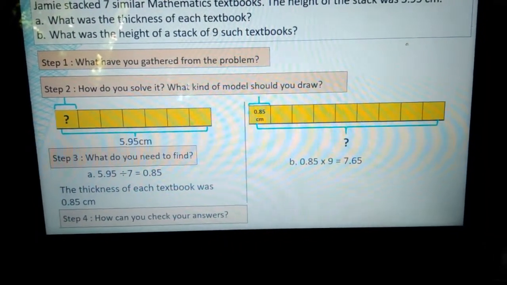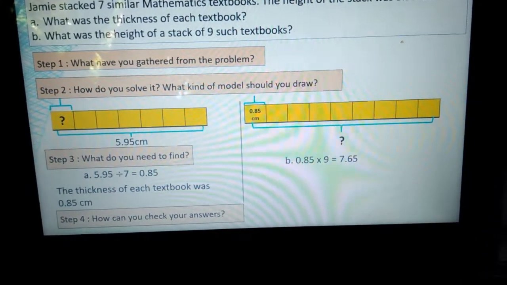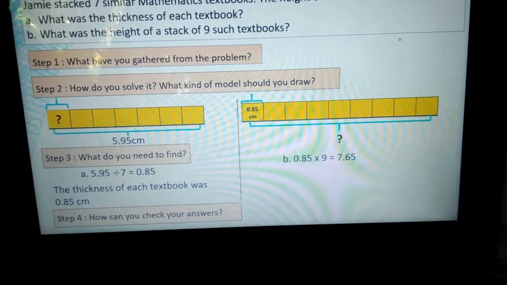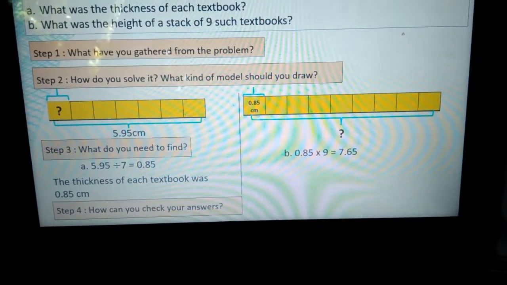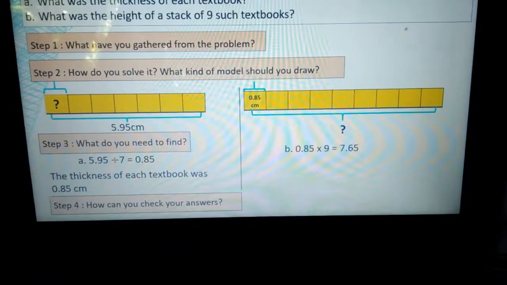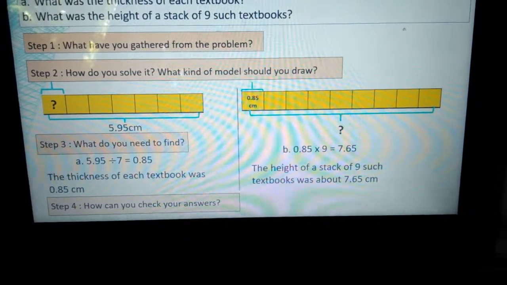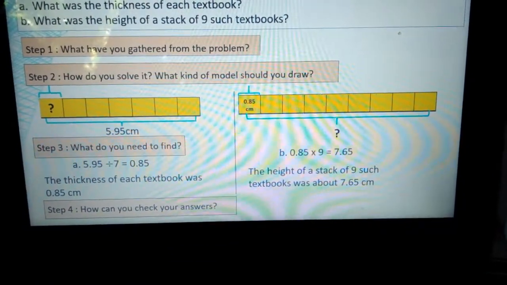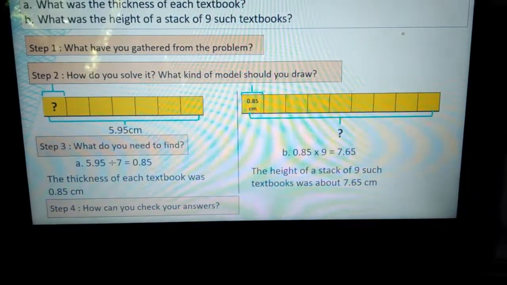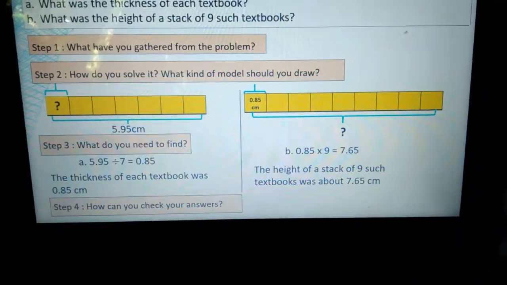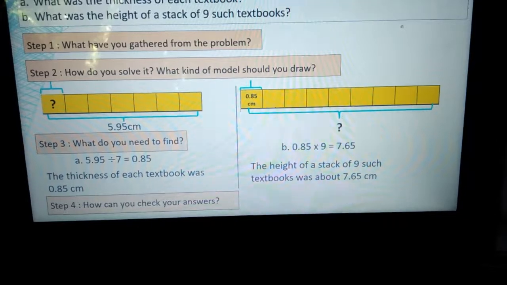And then we multiply: 0.85 times 9 equals 7.65. The height of a stack of 9 such textbooks was 7.65 centimeters.